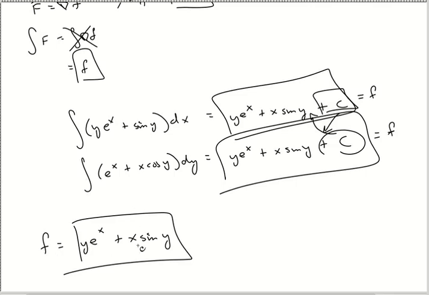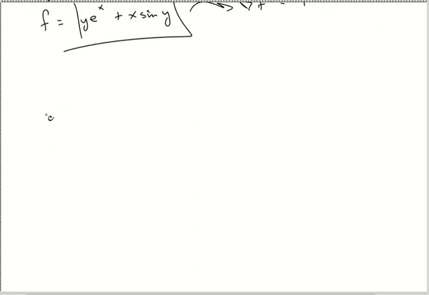So when I say my little f is this, if I were to do grad f, I would hope that I get my cap f vector. And you can go and do it, and I'm sure it'll work. But we're done here. That's the answer. I think that doing more than just one is really going to help you understand how this works together. So let's do some more examples.